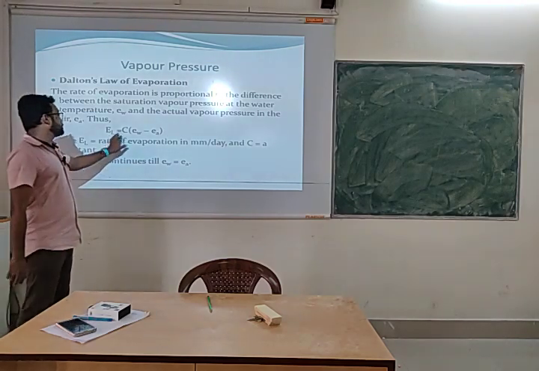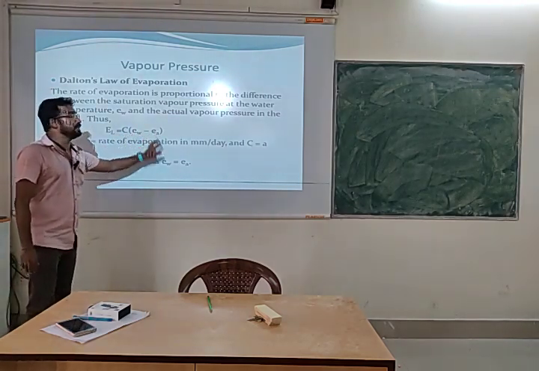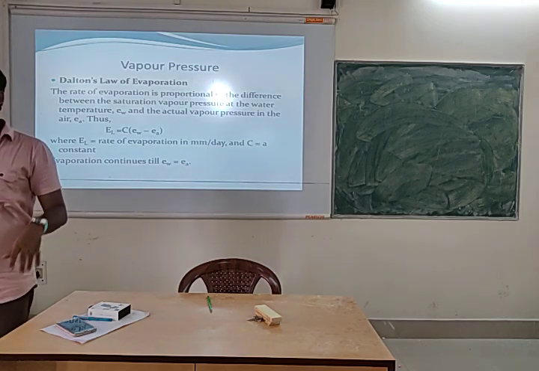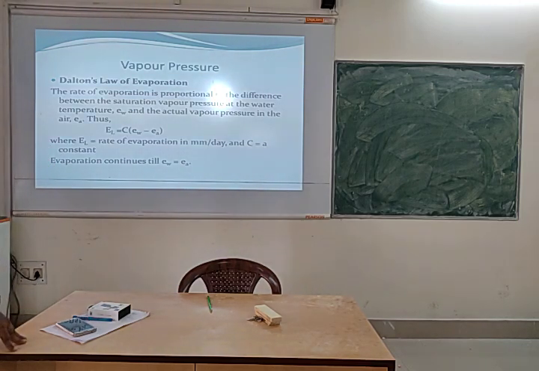And that is EL = C multiplied by (EW minus EA), where EW is the vapor pressure inside the water body or water mass at that particular temperature, and EA is not atmospheric pressure, it is basically the vapor pressure present in the air, right?